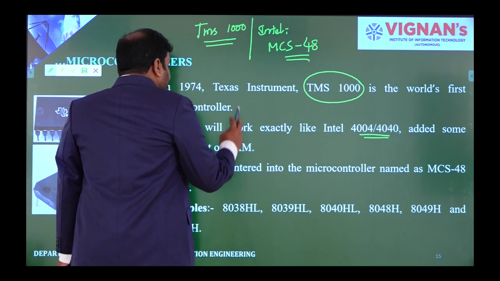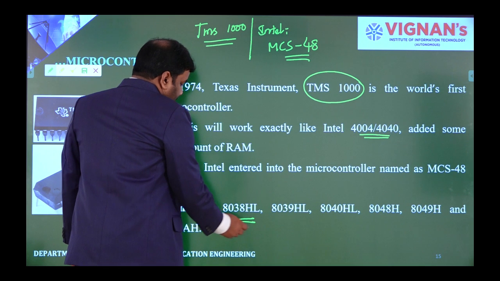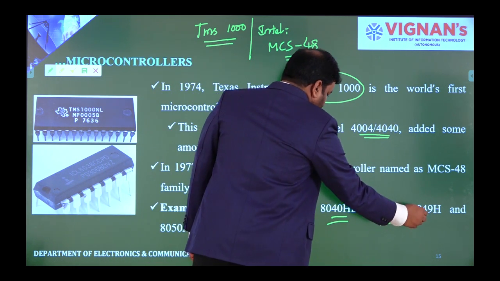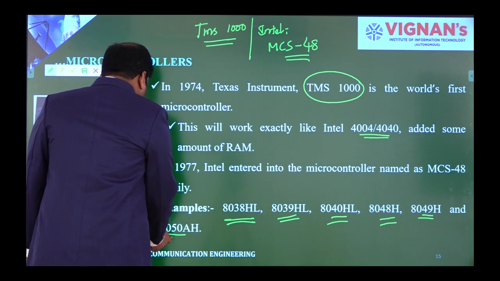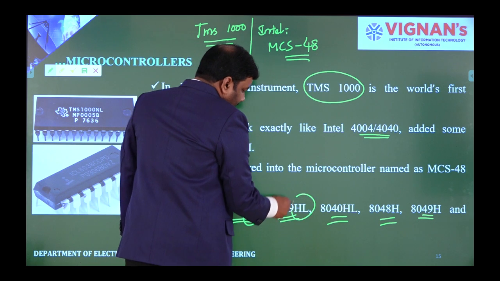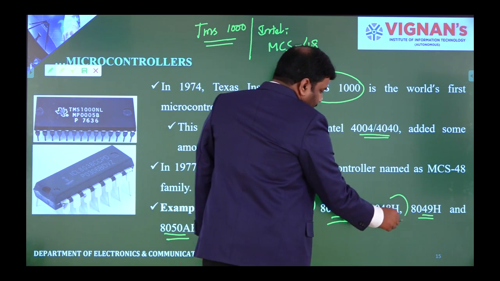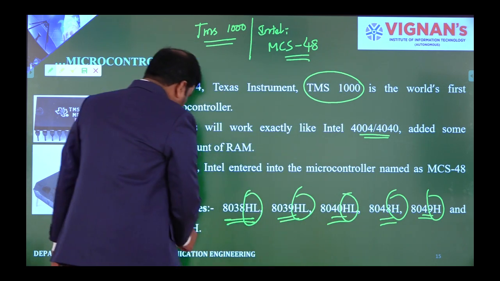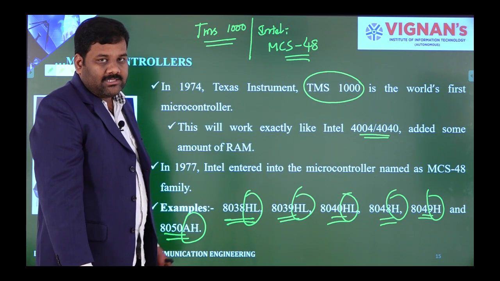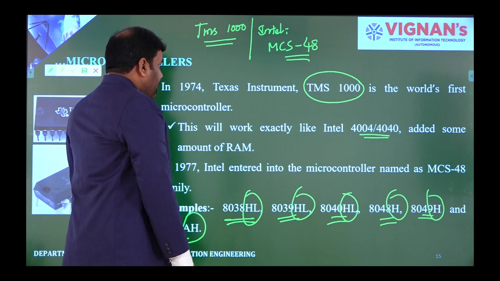For example, 8038, 8039, 8040, 8048, 8049 and 8050. These are the registers, okay?